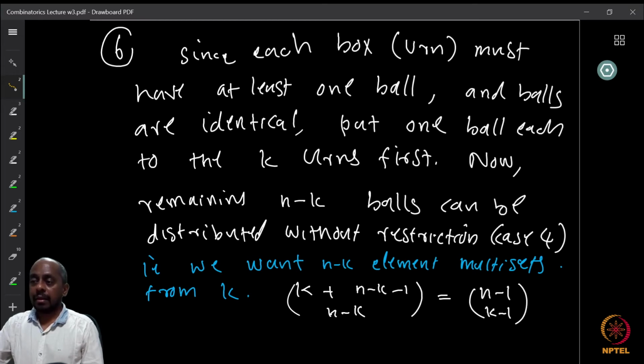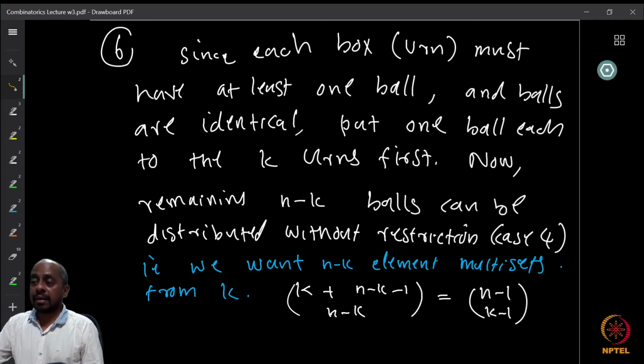So how many ways can I do this? That is the number, because filling each of the urns with at least one ball is a precondition. So k balls are now used to fill up each of the k bins.